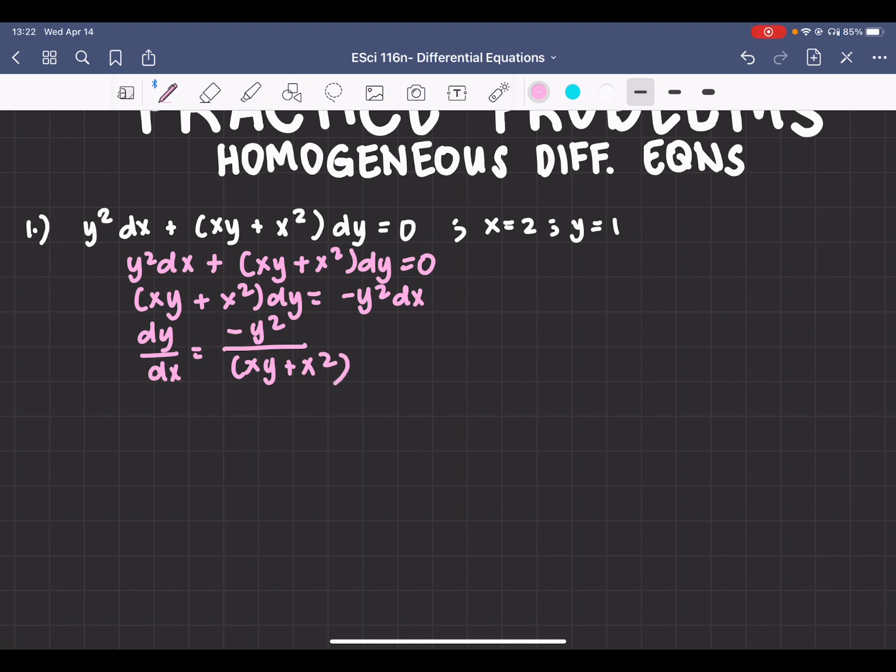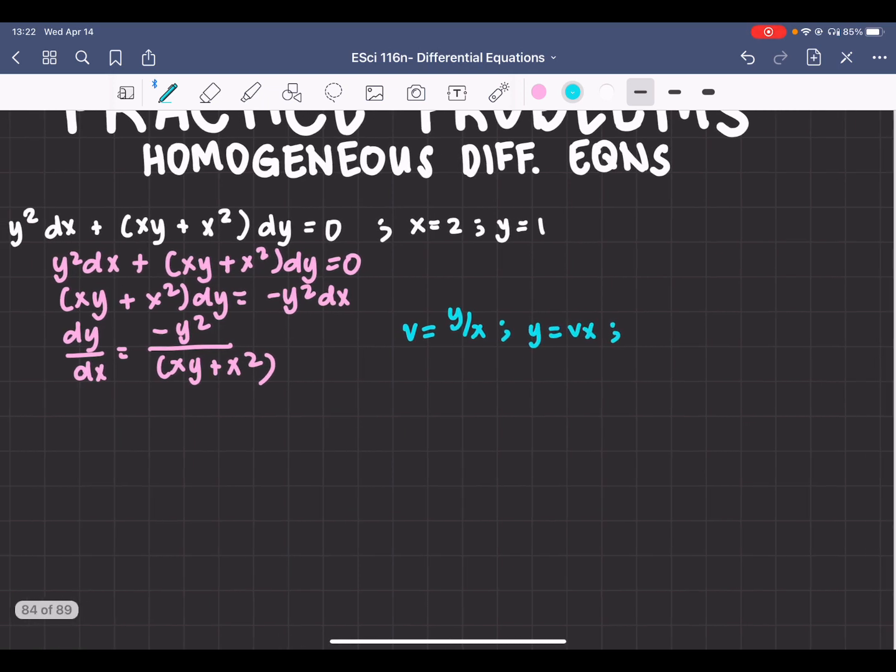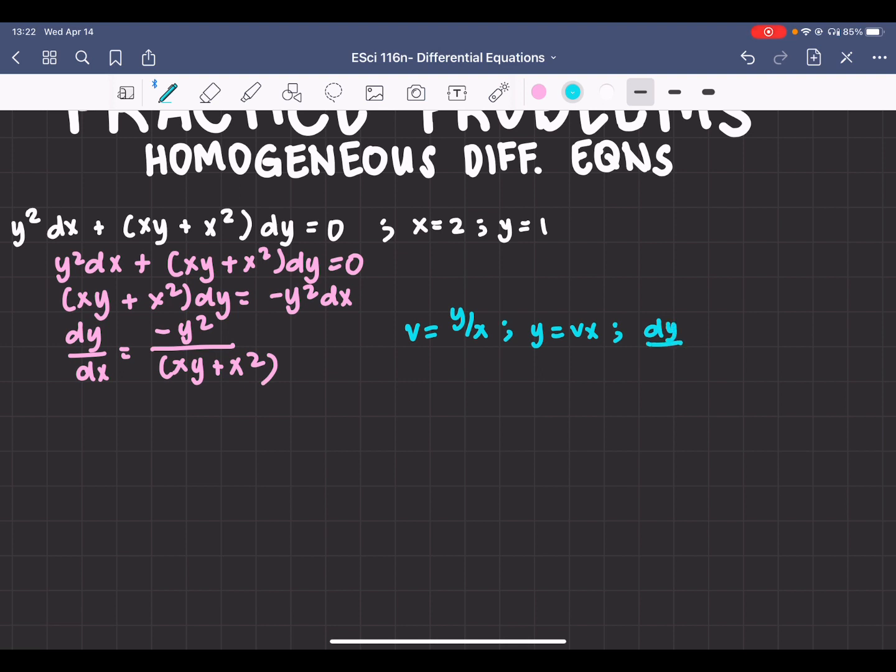Okay, so remember guys how to solve homogeneous differential equations. We are going to substitute our y over x with a variable v. So that's v is equal to y over x, then our y is equal to vx, and our dy over dx is equal to v plus x dv over dx.